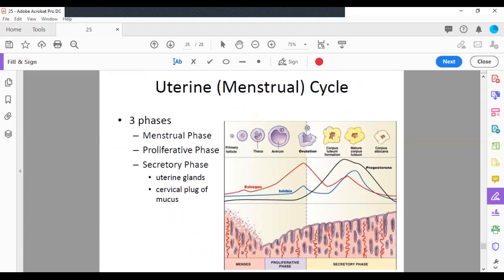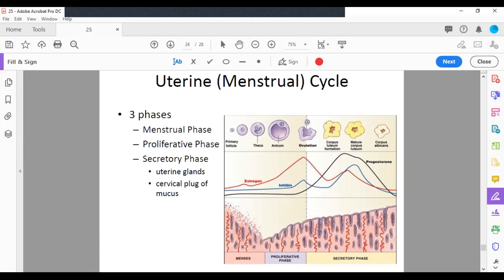The menstrual phase, or the menses; the proliferative phase, the second phase, which is governed by estrogen, not FSH, estrogen; and the third one, the secretory phase, in which there's more glandular activity and more mucus production, which blocks the cervix so the sperm cells cannot go up. All these are FYI, for fun.